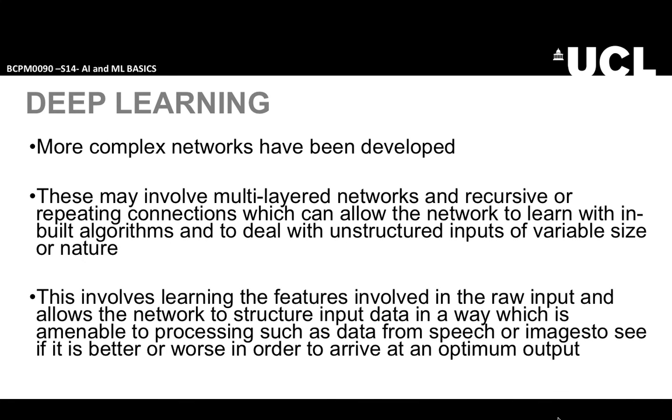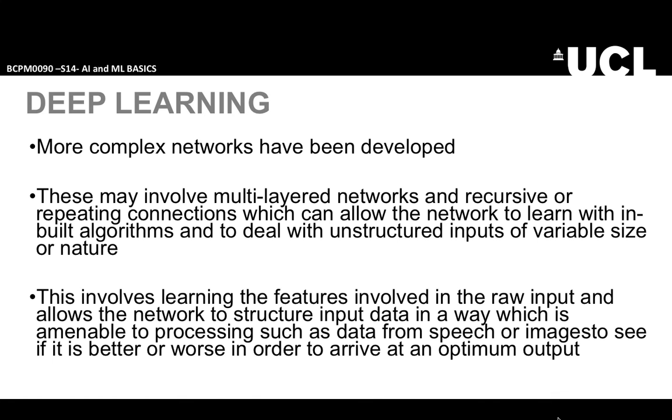From machine learning, we arrive at the concept of deep learning, which arises from the development of more complex networks. Deep learning involves multi-layer networks and recursive or repeating connections, which allow the network to learn with inbuilt algorithms and to deal with unstructured inputs of variable size or nature.